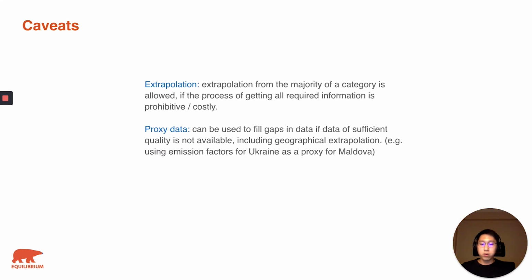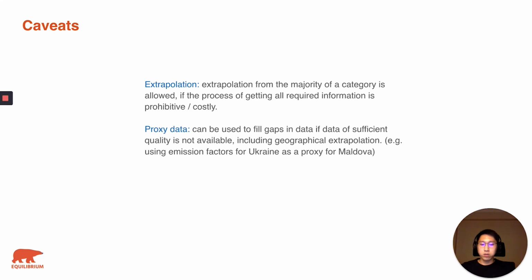To conclude, there are some caveats associated to the information required to calculating emissions. Extrapolation of data is allowed if the process of getting all the required information is prohibitive or costly, which reporting companies might face when considering Scope 3 emissions.